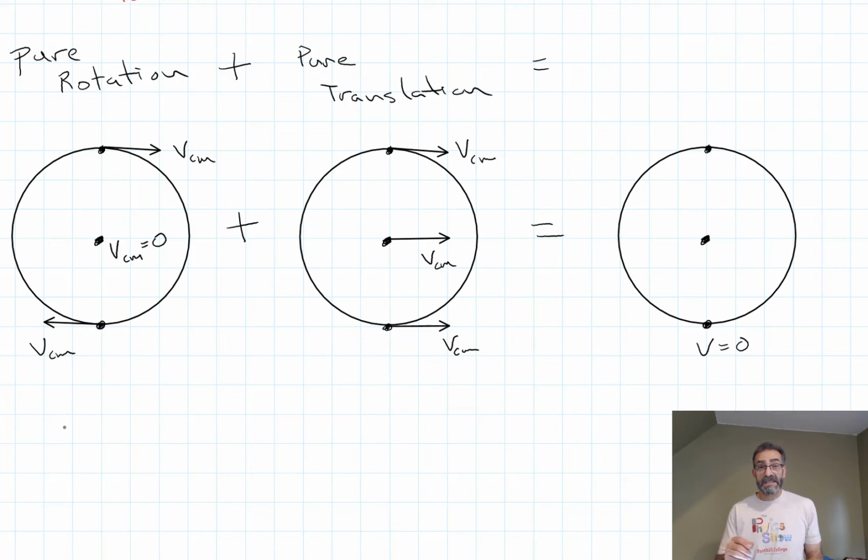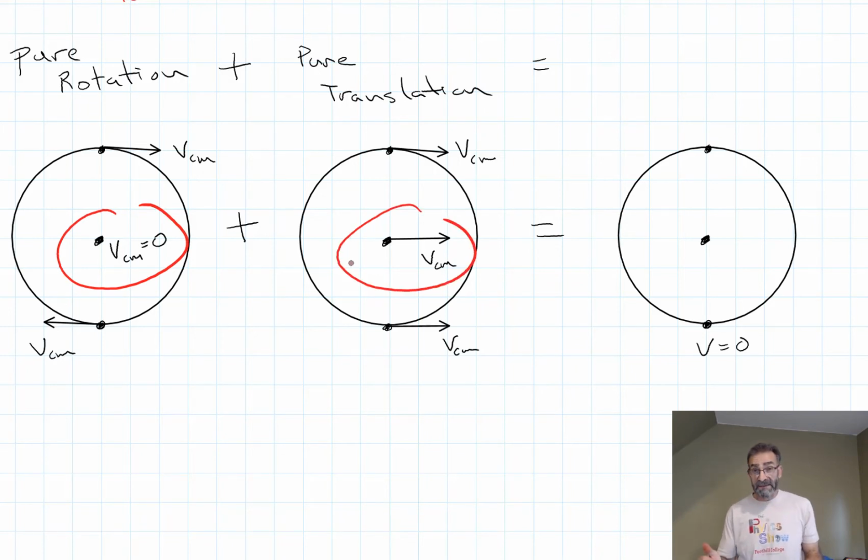Let's take a look at what's happening to the center of our wheel. We have v equals 0, and v is equal to v center of mass to the right. We add those together, and we get v center of mass to the right.